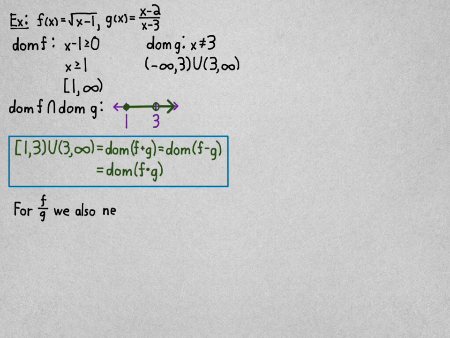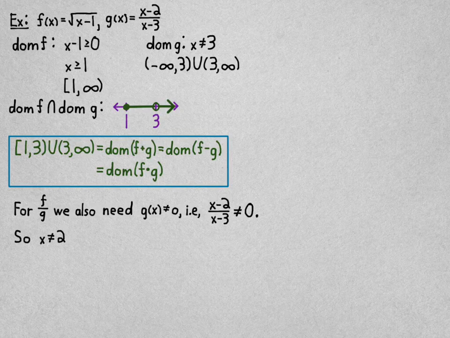For f divided by g, we also have to make sure that g of x is not equal to 0, because you can't divide by 0. g of x is x minus 2 over x minus 3, so we have x minus 2 over x minus 3 not equal to 0. A fraction is not equal to 0 when its numerator is not equal to 0. So x minus 2 is not equal to 0, so x is not equal to 2.